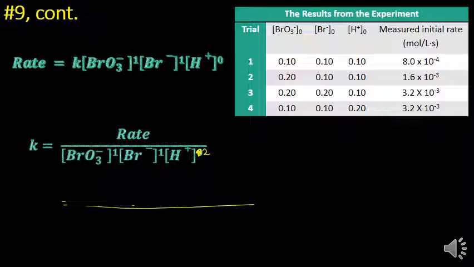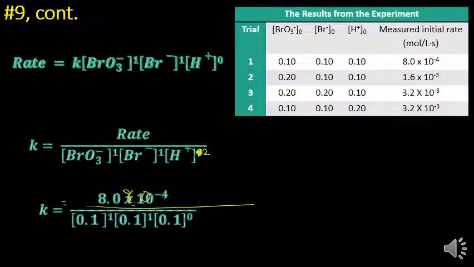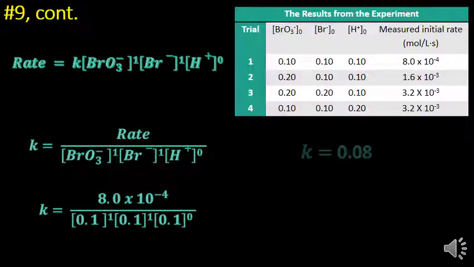We have 8.0 times 10 to the negative 4th. All right, so I'm going to go ahead and erase my ink. And this should be a 2 down here. So plug that in and tell me what K is, please.